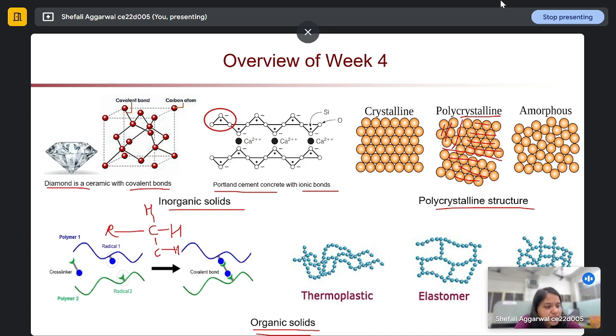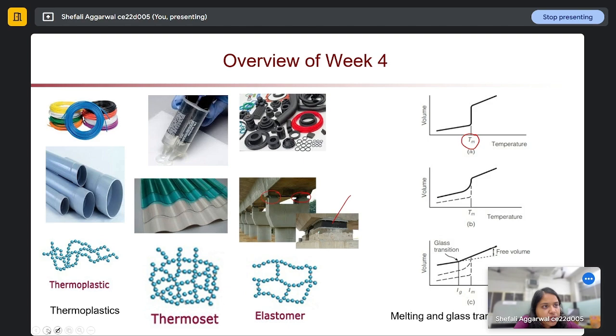Next, organic solids, we are dividing into three types: thermoplastics, thermosets, and elastomers. First is thermoplastic. What are the thermoplastic materials? They are the normal long carbon chains which are not linked to each other using any cross linking.